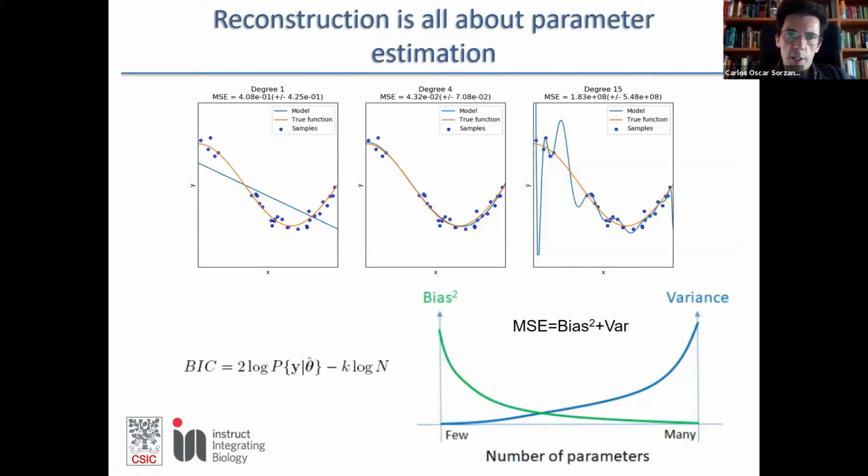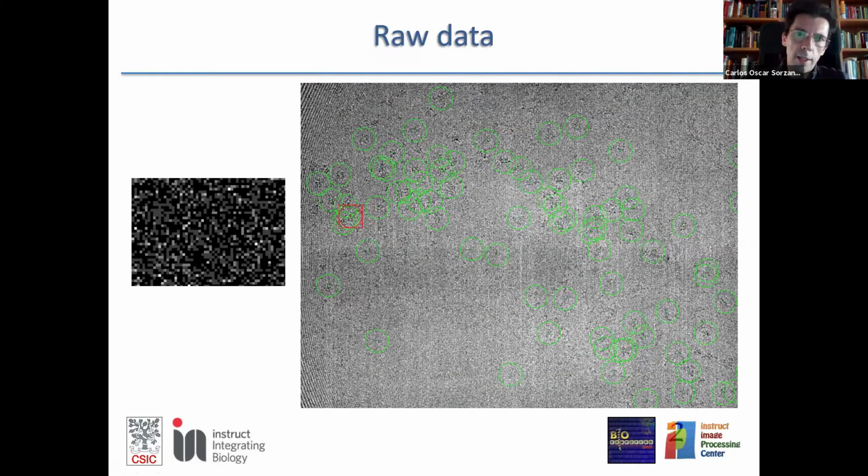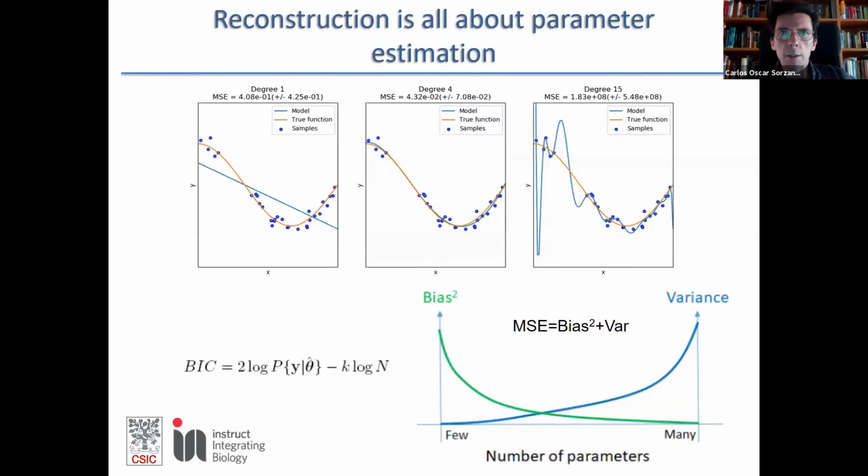So all this process of going from the raw data to this intermediate data and then to the final structure is, mathematically, all about estimating parameters. When you estimate parameters, you can be in any one of these situations. You have your observations, those are the blue points, and the red line here is the true model that generated those points.